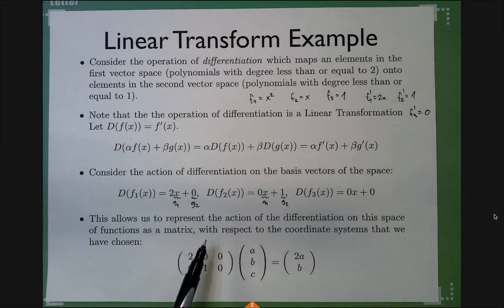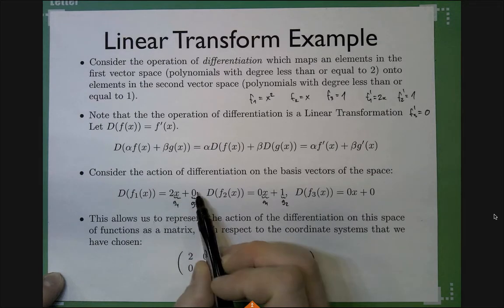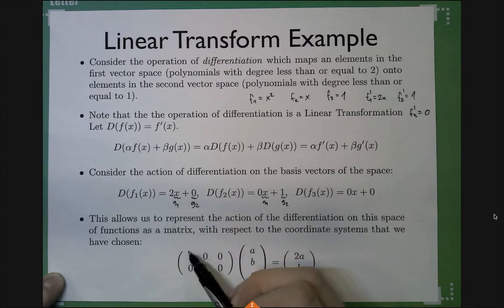And the point is that after we do all this setup, the action of differentiation can be represented again using a matrix. From this you can see what the matrix is, because those are the coordinates with respect to the basis vectors of the target vector space. So this is 2 and 0, and that's what I put in the first column of the matrix.